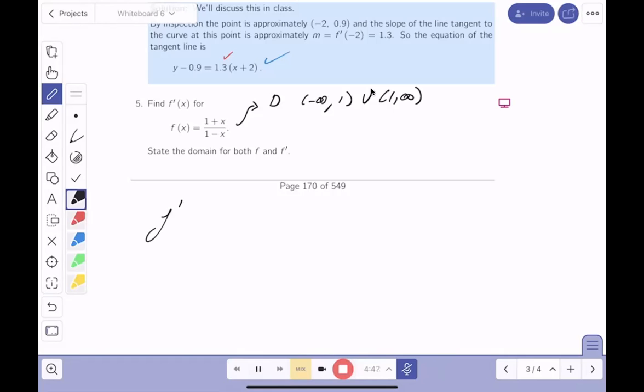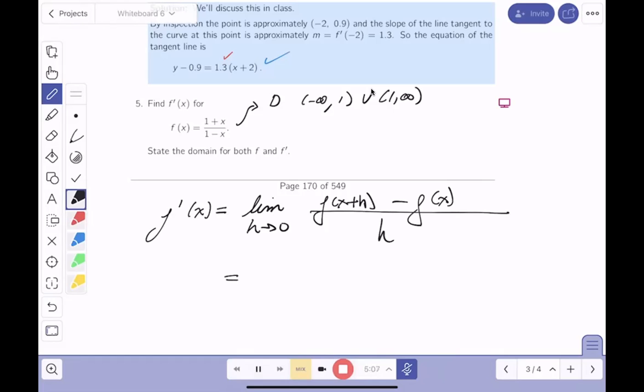Let's put this down. F prime of x is going to equal the limit as h goes to 0 of f of x plus h minus f of x all over h.